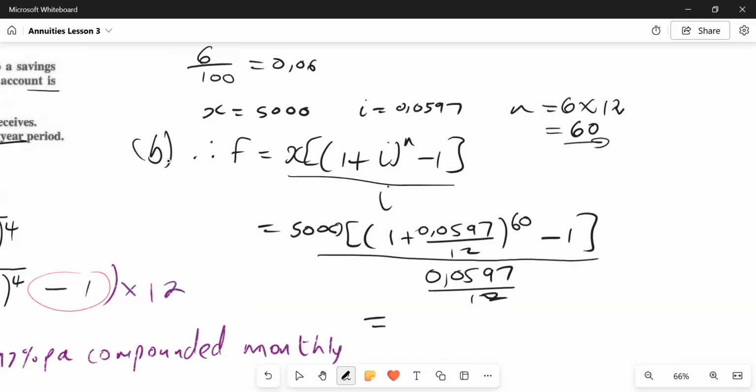And then what do we get? And then for our future value, we get 348,581.